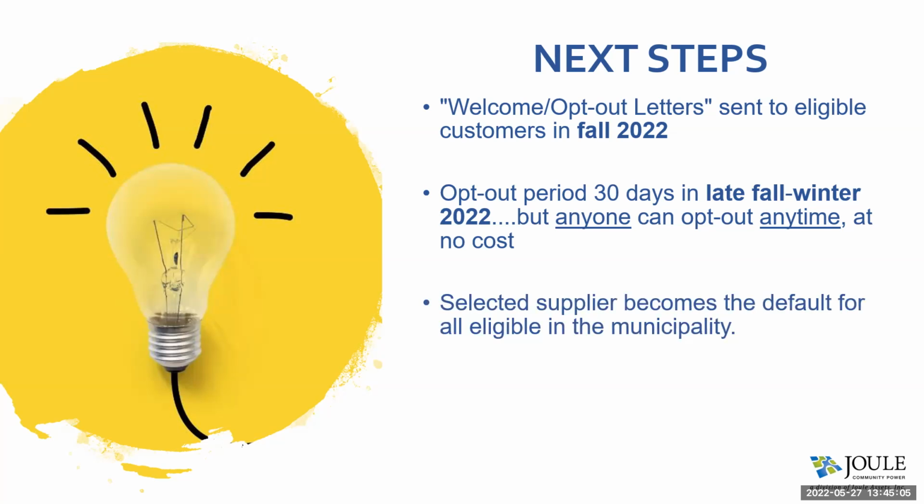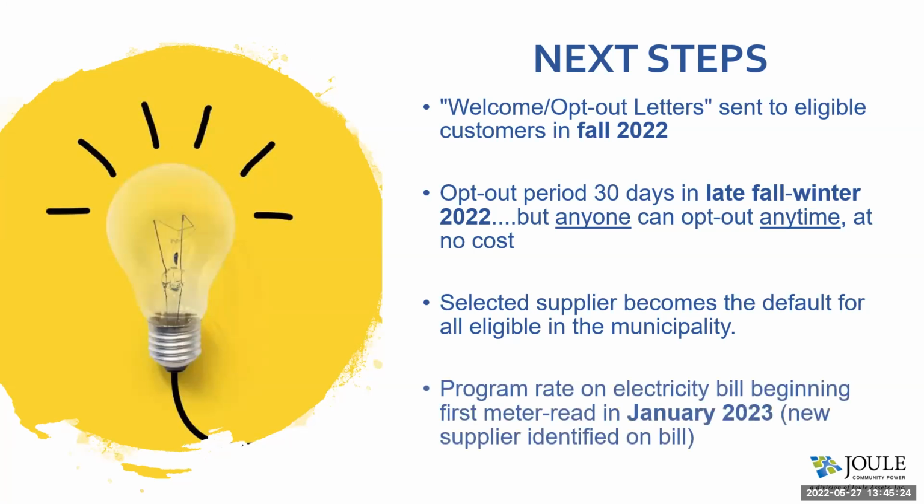Next, the selected supplier becomes the new default for all who are eligible within the municipality. So if you received that letter and chose not to change your enrollment or leave the program, then the new supplier just becomes your supplier, and that becomes the new default for all those in the community.